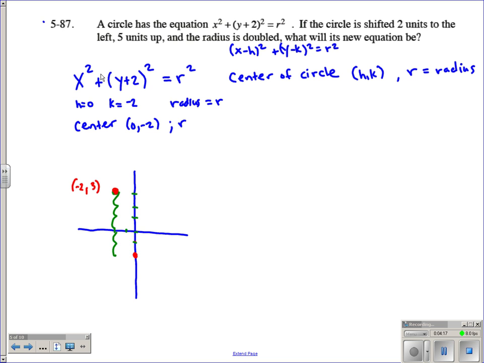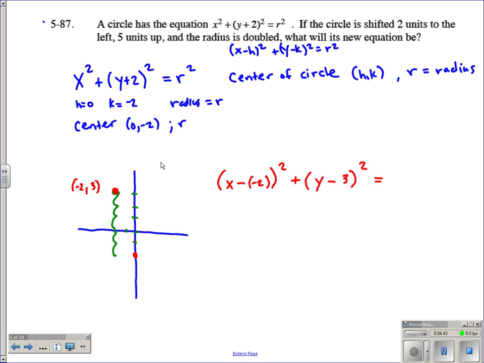So that will help us to come up with our equation here, because we know that we're going to plug those in. We're going to say x minus -2, and that quantity will be squared, plus y minus 3 squared should equal, and we'll talk about the radius now.